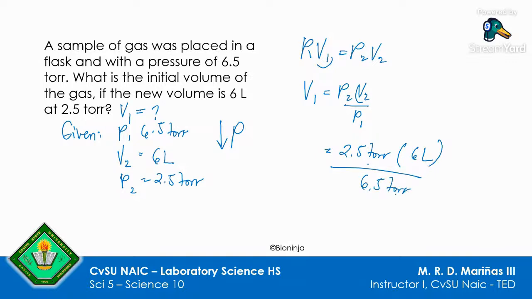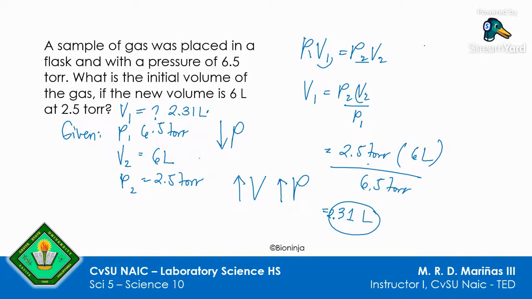So calculating the value, 2.5 times 6 divided by 6.5, you're going to get 2.31 liters. So, anong nangyari sa volume natin dito? Tumaas yung volume, therefore yung pressure natin ay bababa. Okay? So, ganyan po nangyari. We have increase of volume, 2.3, naging 6 liters siya. So, we're expecting na bababa naman ang pressure from 6.5 to 2.5 torr.